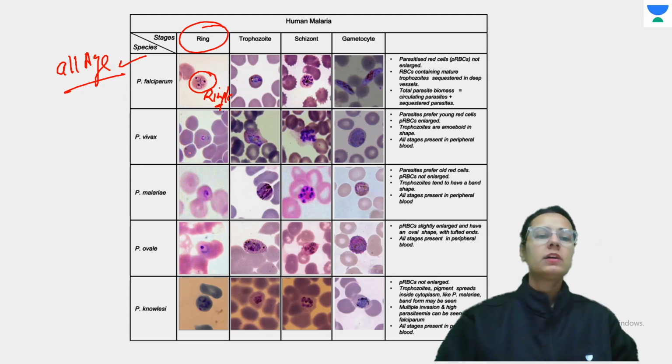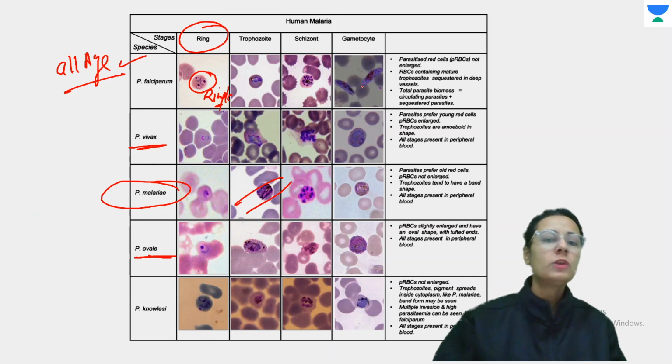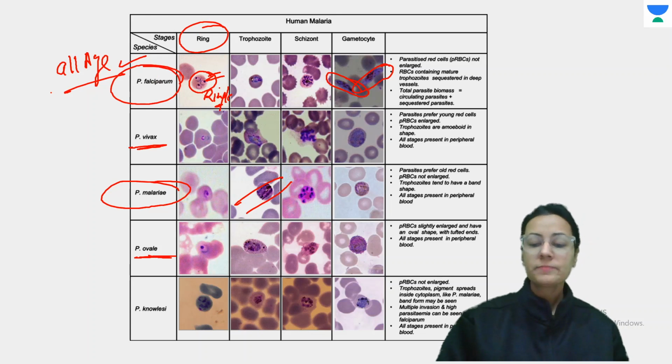Then we have vivax and ovale, where the RBCs are enlarged and we get Schüffner's dots and James dots in the merozoite form. Then with Plasmodium malariae, we get the band form in the trophozoite form, and the banana and crescent form in the gametocyte form of falciparum, and the ring form in the merozoite form of Plasmodium falciparum.